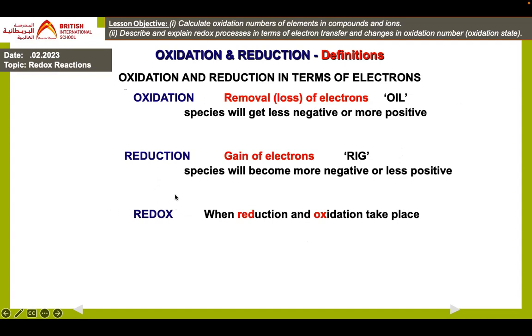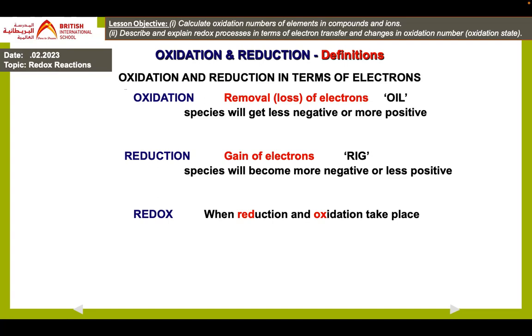We just discussed that if during any reaction something is gaining oxygen or losing hydrogen, or losing electrons, or if the oxidation state is increasing, we can say there is oxidation. If something is losing oxygen or gaining hydrogen, or the oxidation state is decreasing, or something is gaining electrons, we can say there is reduction in that reaction.